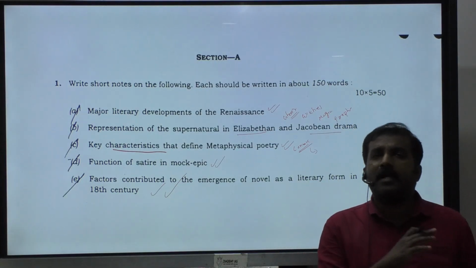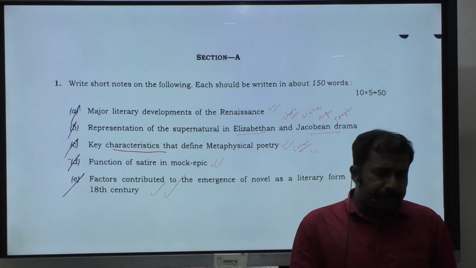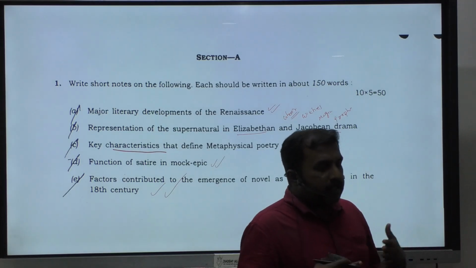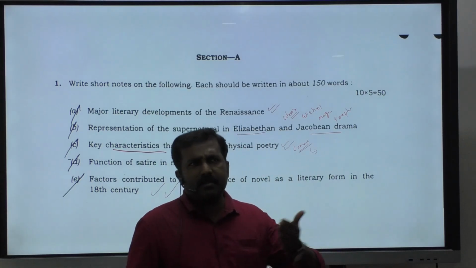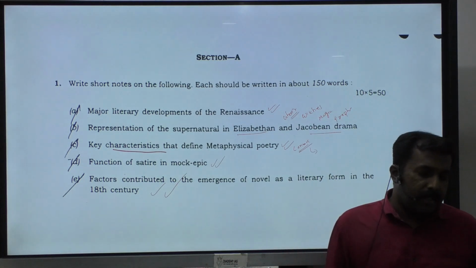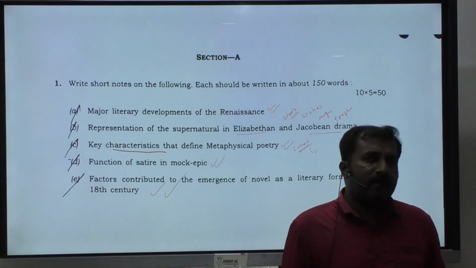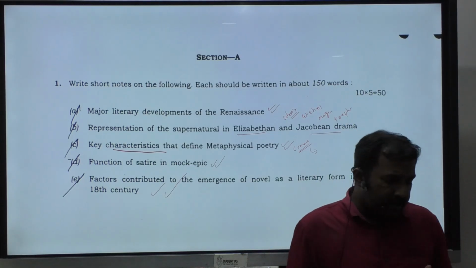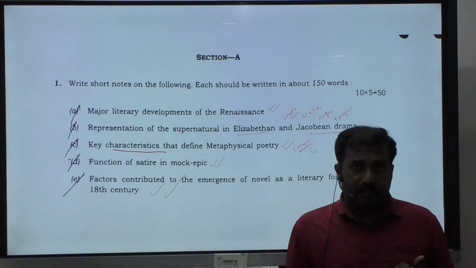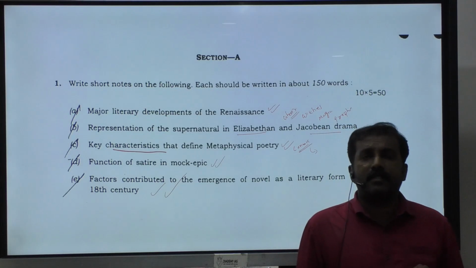So for that answer, you have to give mainly the 18th century literary period, with the help of some writers' names and their work, like Daniel Defoe, Samuel Richardson, Joseph Addison. This type of writers and their work you have to mention in the answer, and you have to split the answer based on important concepts like rise of the middle class, realism, individual experiences.